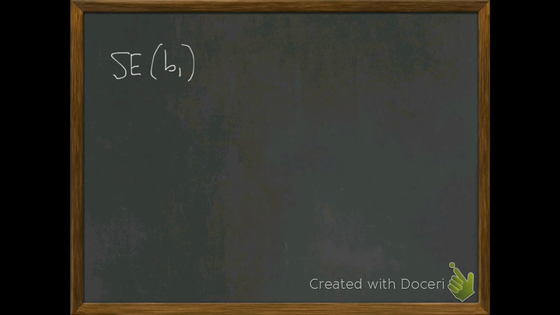Now let's examine this standard error. The way I want to look at this first is the square of the standard error. From one of the previous lectures, we have the mean square error over the sum of our x sub i's minus x bar squared.